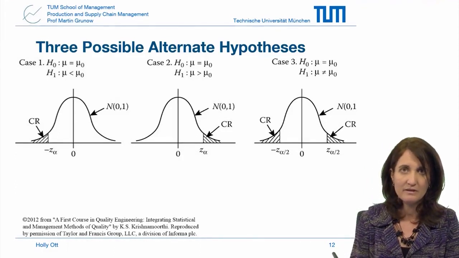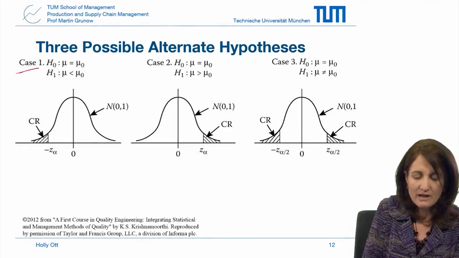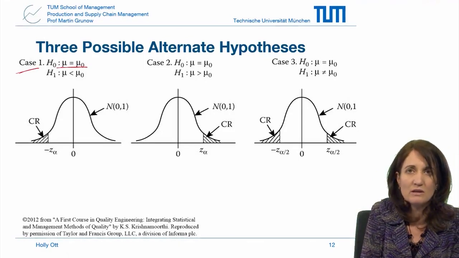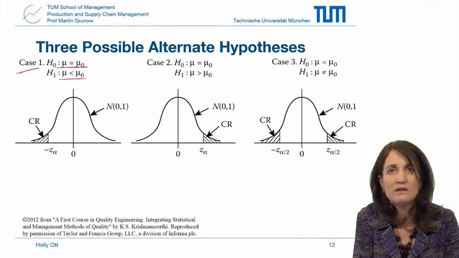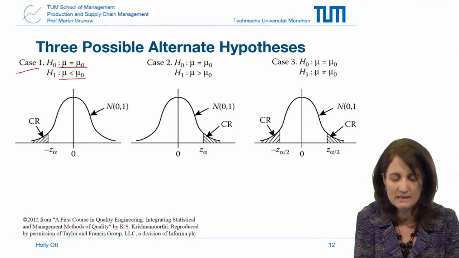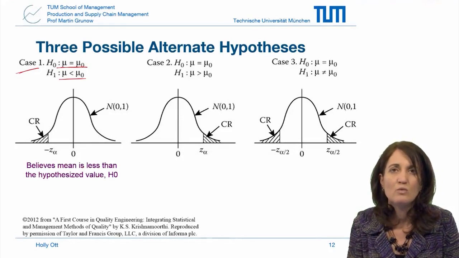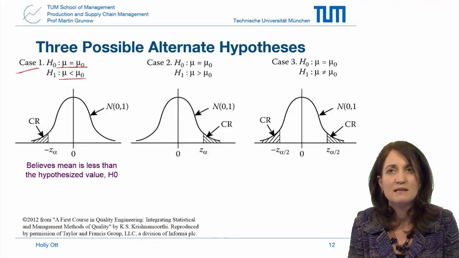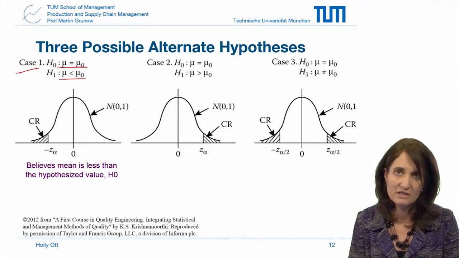So we have case 1, where the null hypothesis is that the mean equals our given mean, our current mean, and hypothesis 1 is that the mean is less than our given mean. Here we believe that the mean is less than the hypothesized value H0.